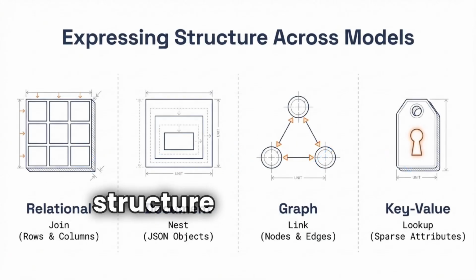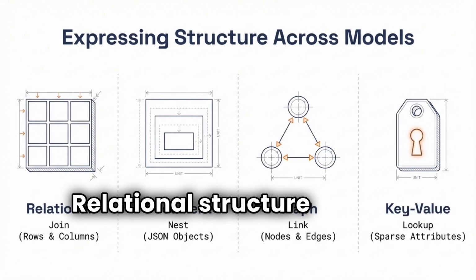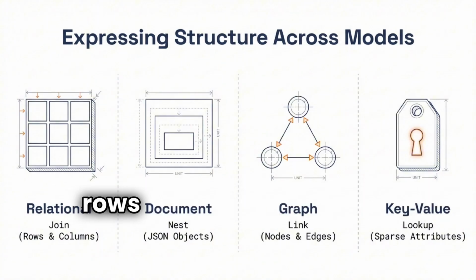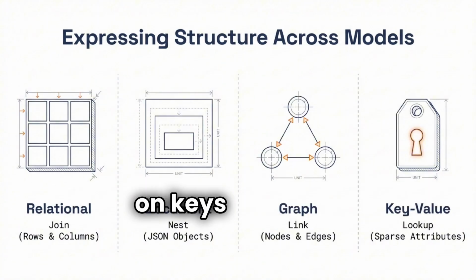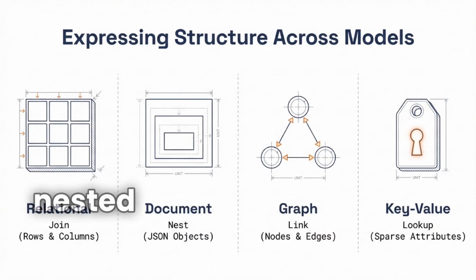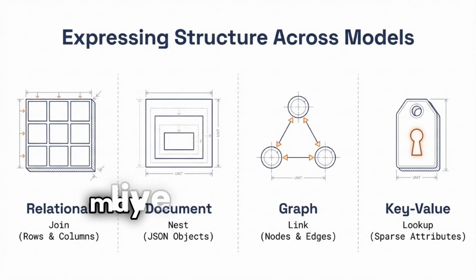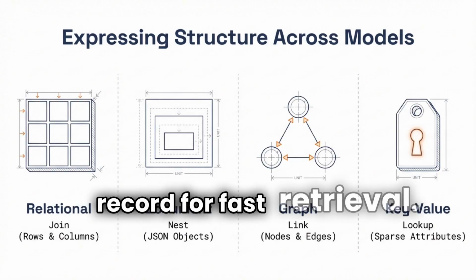Now let's look at how structure is expressed across common data models. Relational structure models data as tables with rows and columns, relying on keys and joins to express relationships. Document structure stores nested JSON or XML objects, where related information may live inside the same record for fast retrieval.